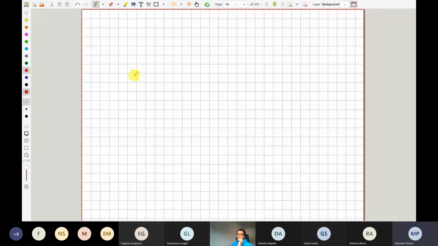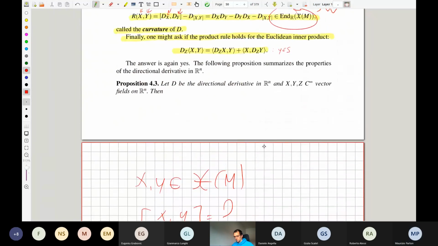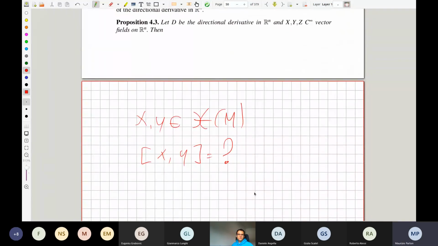So if I understand your question, x, y are vector fields on a manifold. Then what is this? How is the capital D defined over that? Well, this is first a vector field.